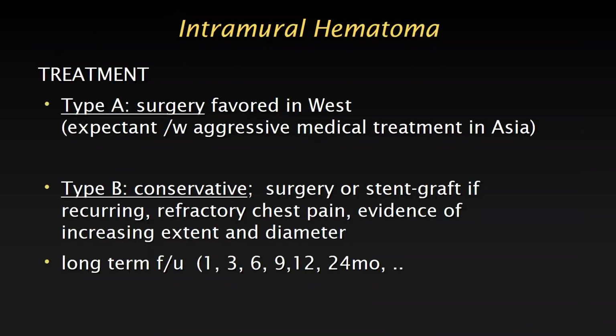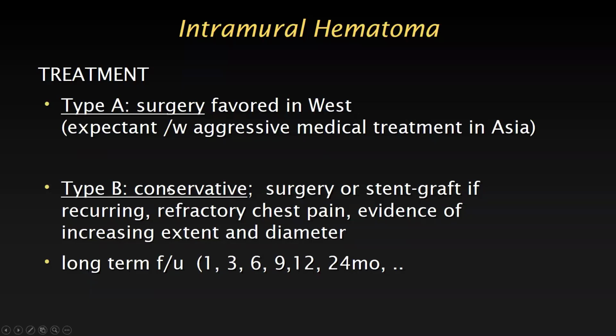Okay. Treatment of intramural hematoma: in general, if the ascending aorta is involved, it usually favors surgical treatment. In Korea or Japan, they are usually more conservative and just scan the patients more often if they are not symptomatic. But here, type A, with ascending involvement, usually prompts surgery.